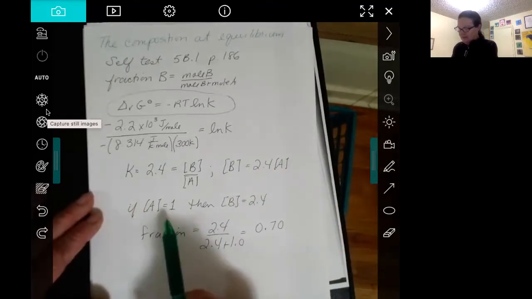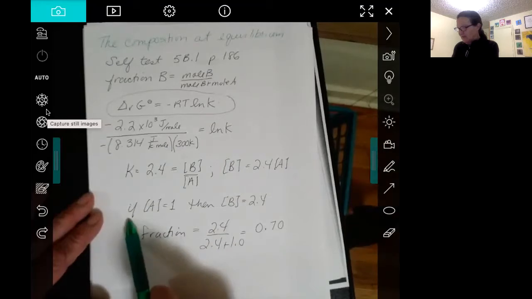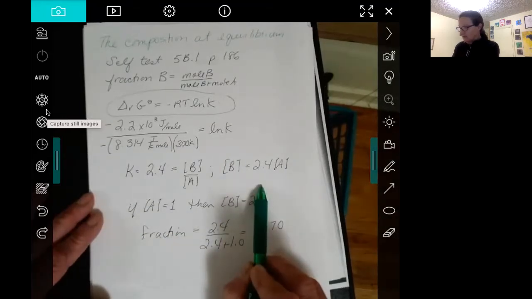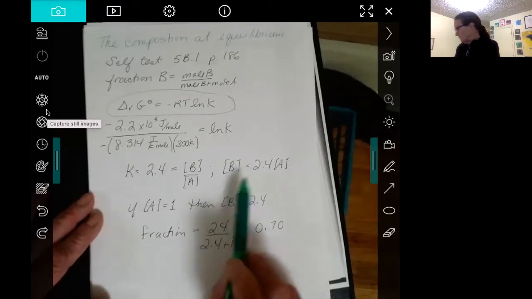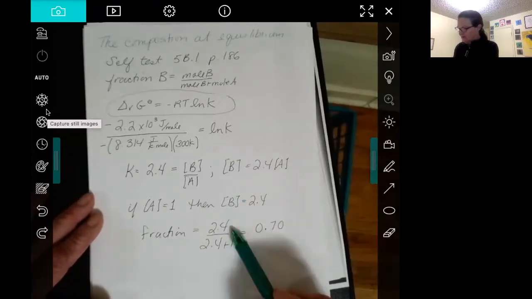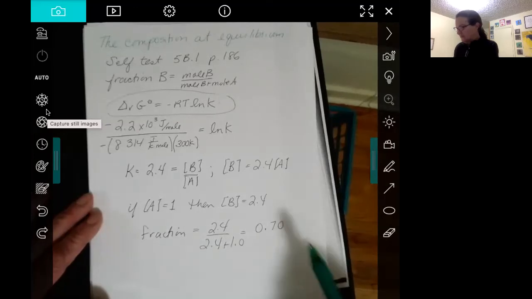We could pick anything and we'd get the same answer. If A equals 1, then B equals 2.4, because B equals 2.4 times A. Then the fraction is 2.4 over 2.4 plus 1, A plus B, and you get 0.70.